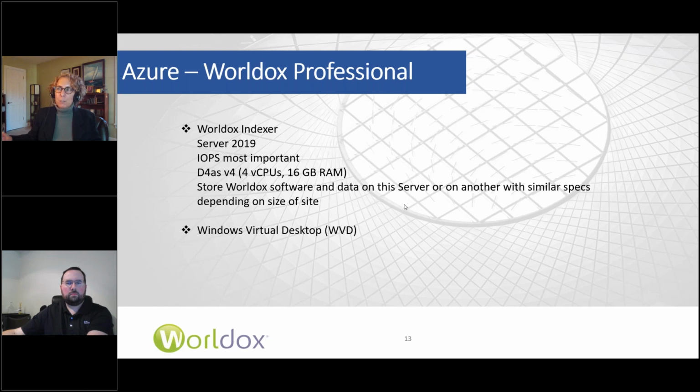But if you're bigger than that, you might want to have one server that's going to host your Worldox program and data, and then you can have another machine that could either be a Windows 10 desktop or a server that would run your indexer. It just depends on exactly how big you are and your tolerance for, like, if you should need to reboot the indexer. If your indexer is on your only server, then that's a big disruption.